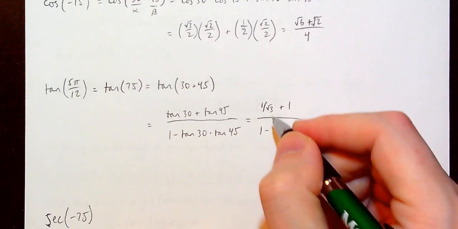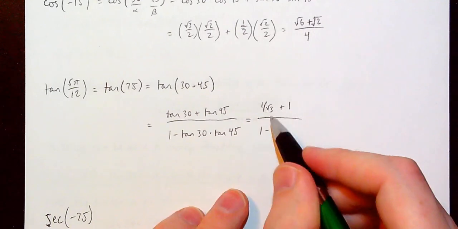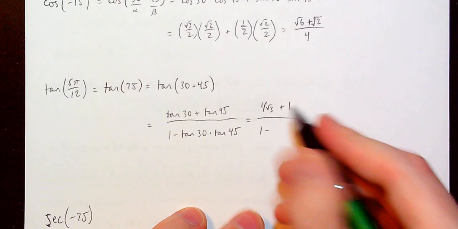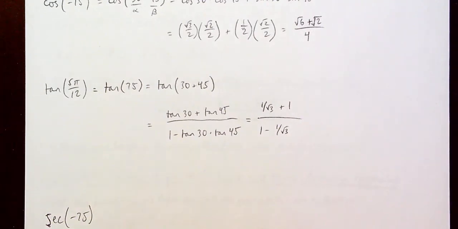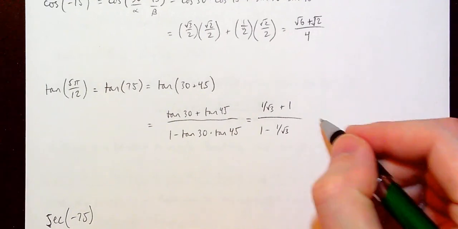And then 1 minus 1 over the square root of 3 times 1, or 1 over the square root of 3. And technically this is the correct answer, but we have radicals in the bottoms of some of our fractions here.